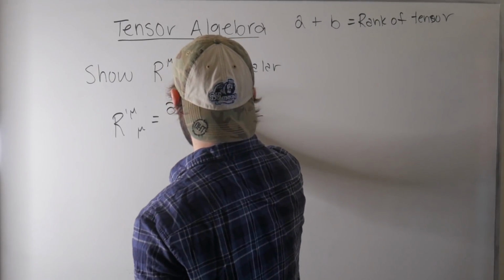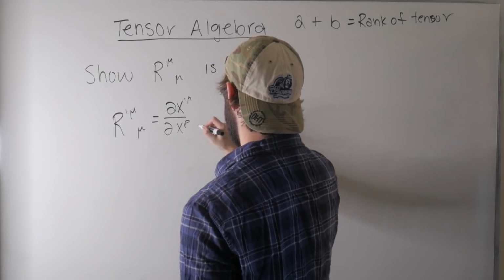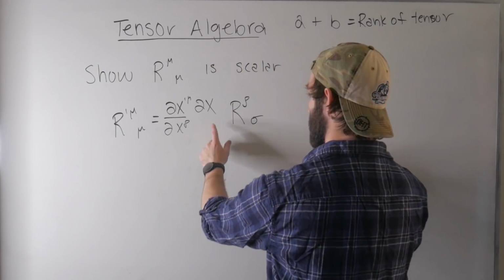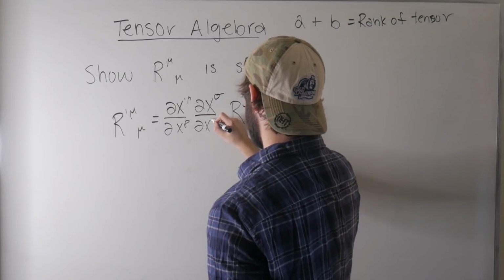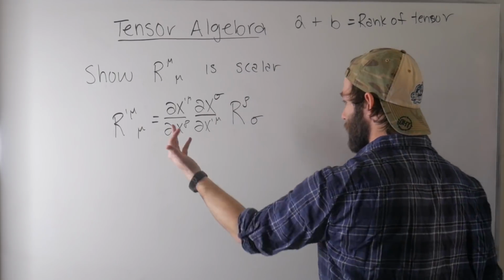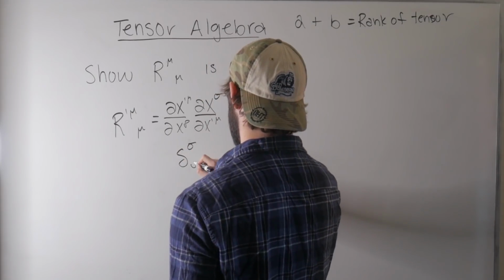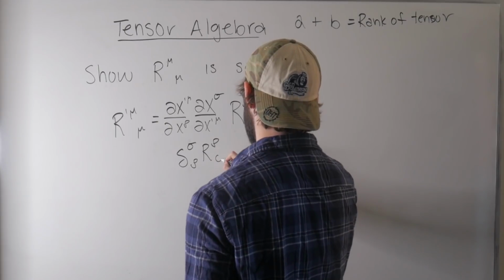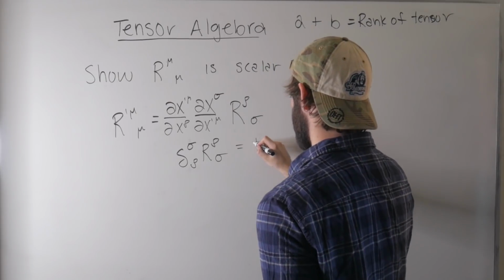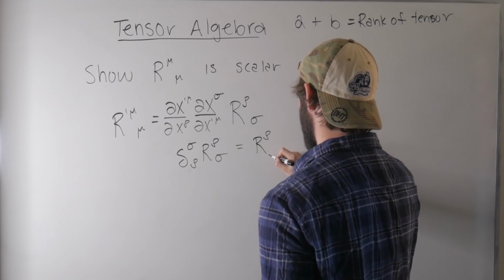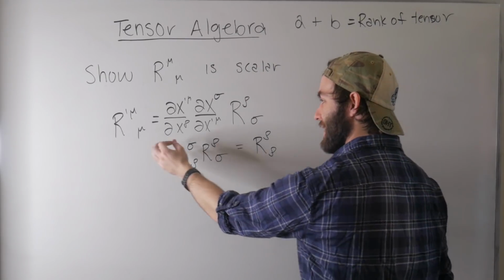So that's ∂x'^μ over ∂x^ρ, and then we have a ∂x^σ over ∂x'^μ, summing over σ, and this is just δ^σ_ρ times R^ρ_σ. We can change the indices of either of these, so this is just going to give us R^ρ_ρ. So our transformation coefficients end up just being 1, so this is in fact a scalar.